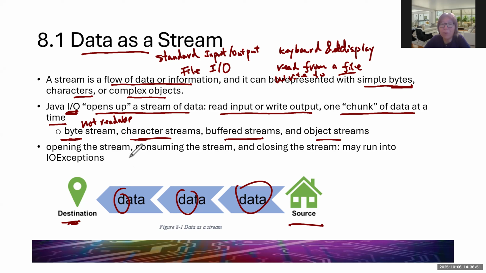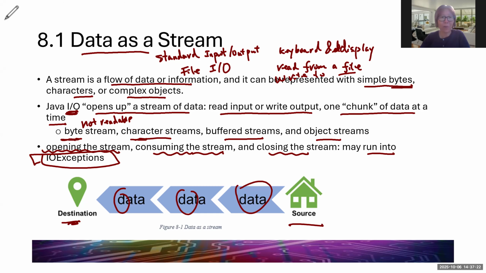Generally speaking, the process involves you open the stream and you consume the stream, so we do some processing on the stream and then we close the stream. No matter what, we may run into input and output exceptions. For file input and output, if you recall from last chapter, it belongs to checked exceptions, so we need to handle that.